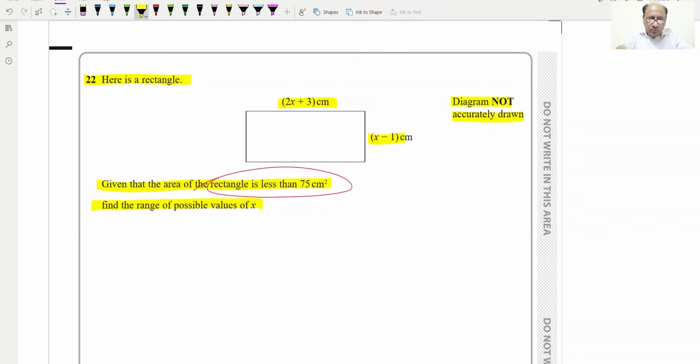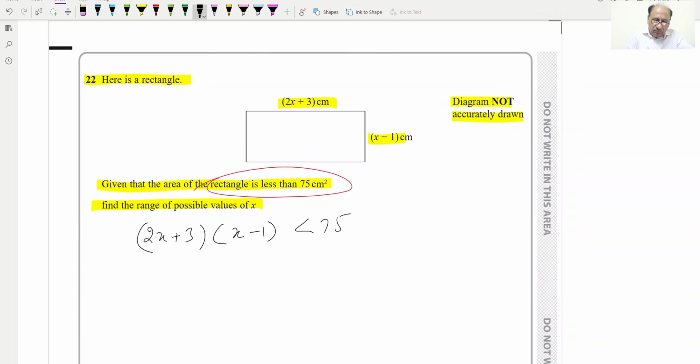Now what we can do, we will utilize the area, which is provided. So we can write 2x plus 3. Area in case of a rectangle is length into width, so it will be x minus 1 is less than 75.